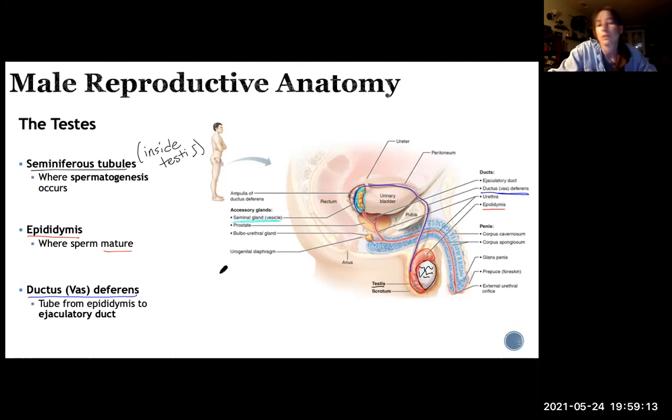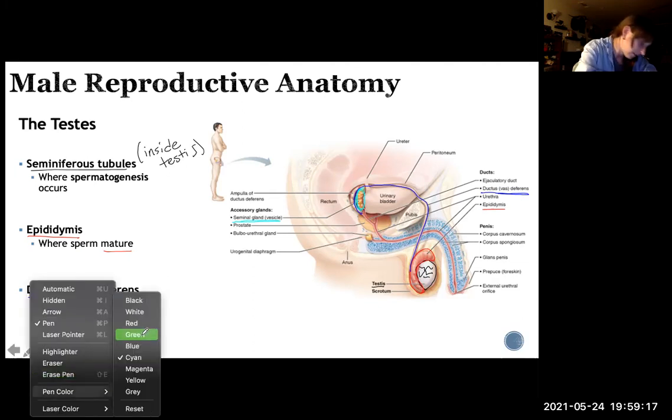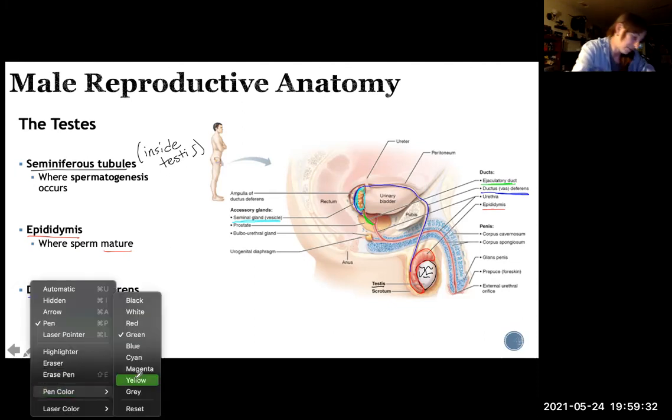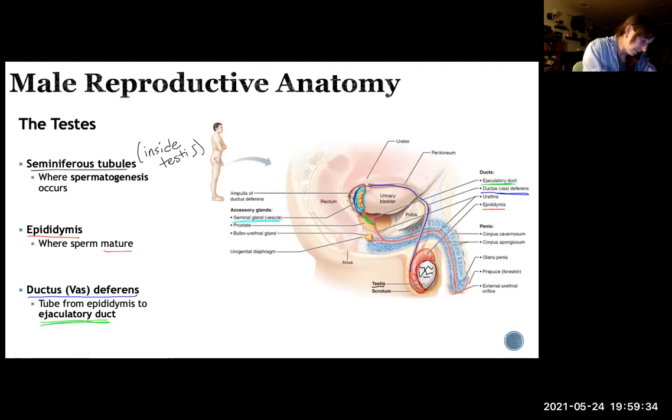Oh, the ejaculatory duct. Okay, what else is happening here? The bulbourethral gland is here.